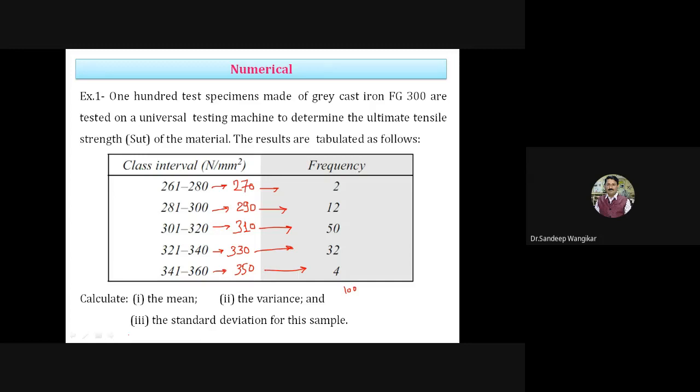And what we have to calculate? We have to calculate the mean, the variance and the standard deviation. Just now we have discussed three formulas. Take a minute and note down the values at least, so that we can construct a table in which we will write xi, then fi, then summation fi xi and summation fi xi square, and easily we can solve the numerical.